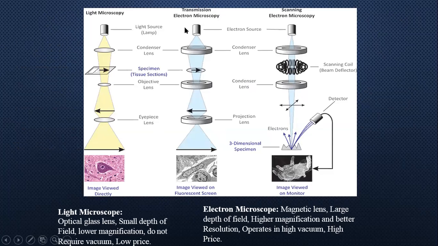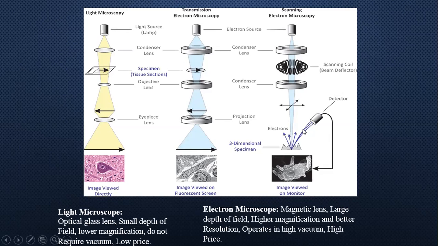If we compare the light microscope with the electron microscope, we use a light source for light microscopy, whereas in electron microscopy we use an electron gun as the electron source. This electron beam is passed through condenser lenses and then falls on the specimen, and the electrons are transmitted through the specimen; this is called transmission electron microscopy.